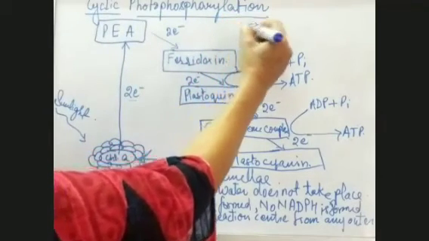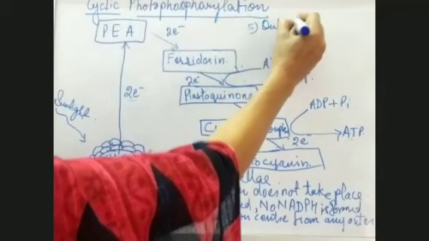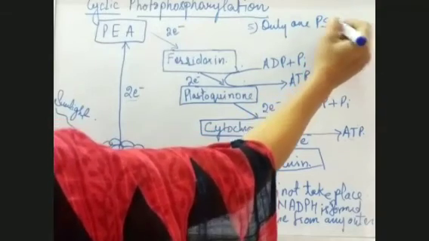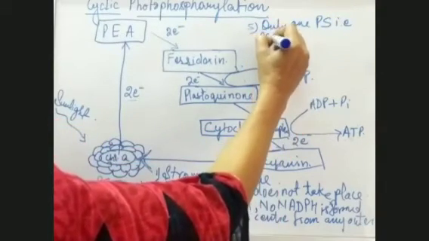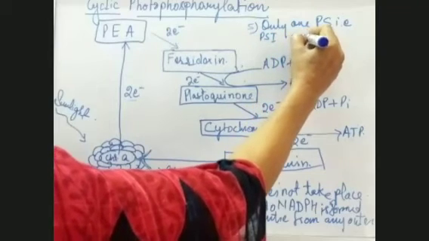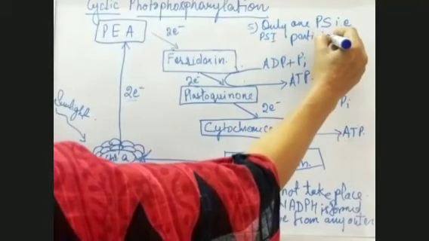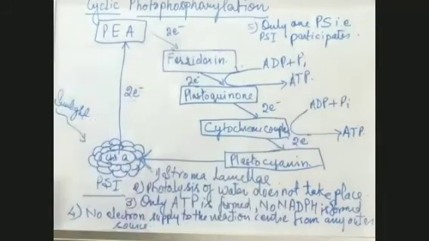But here, I'll write the fifth point, only one photosystem, that is PS1, participates. This is another important feature of cyclic photophosphorylation.